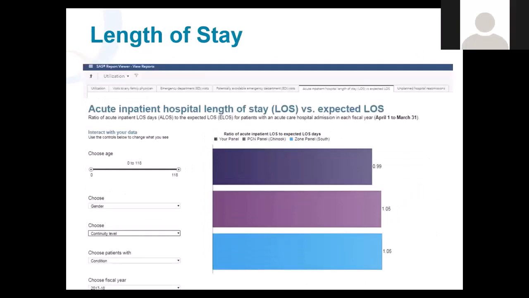So I'm going to talk about length of stay. This is one of the new measures that is now in this year's report, and that is looking at the ALOS, which is the actual length of stay in hospital, to the ELOS, which is the expected length of stay. And it's a ratio. The expected length of stay information comes from CIHI data.